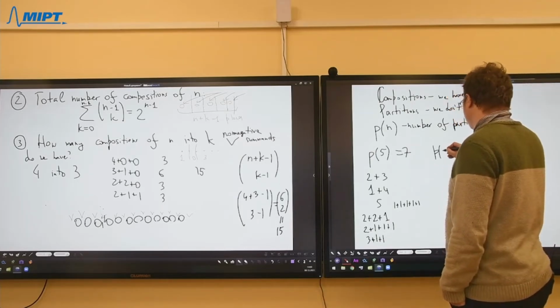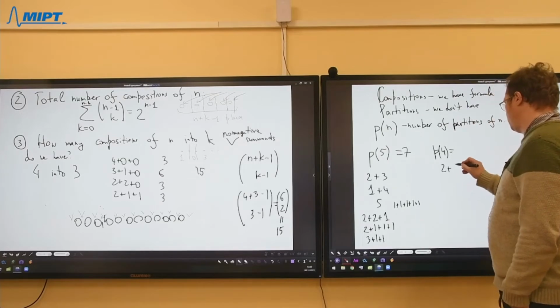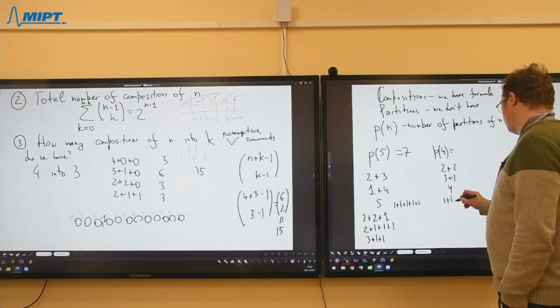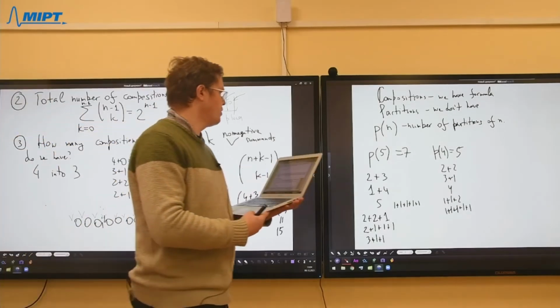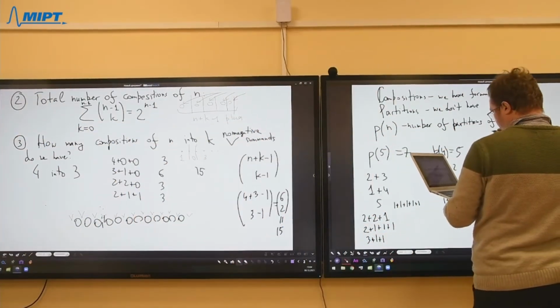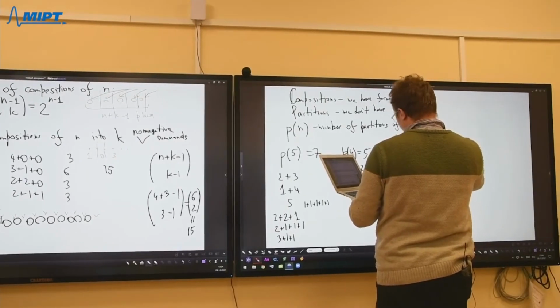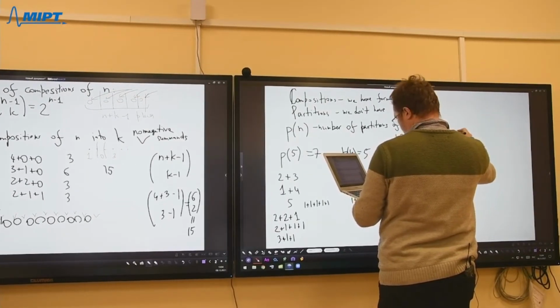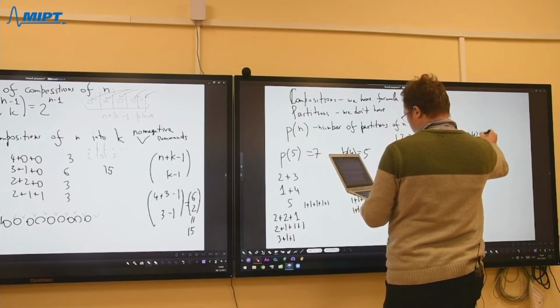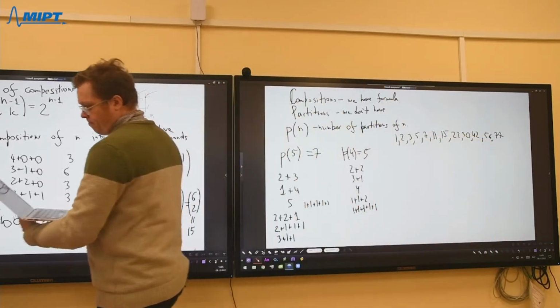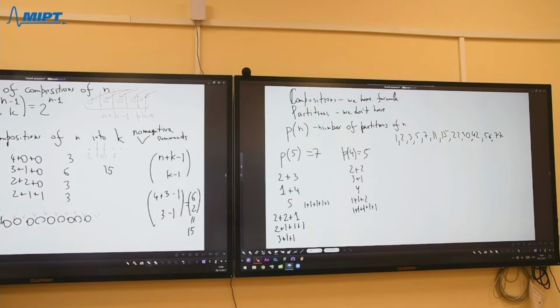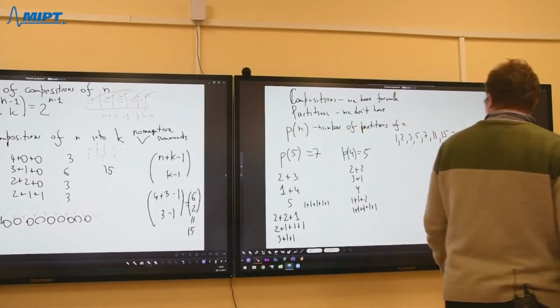P of 4 is 5. If you just look at the first numbers of partitions, it will be 1, 2, 3, 5, 7, 11, 15, 22, 30, 42, 56, 77. So we have no formula, we have no linear recurrence relation between them. But some relations we have.